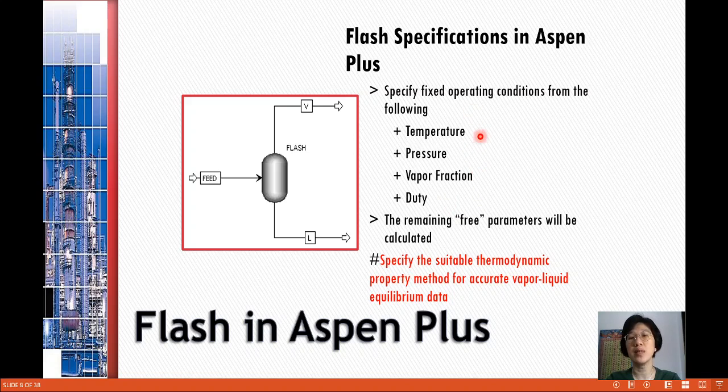You only need to choose two out of the four. Once you put in the information about the operating condition, you can proceed with the simulation.